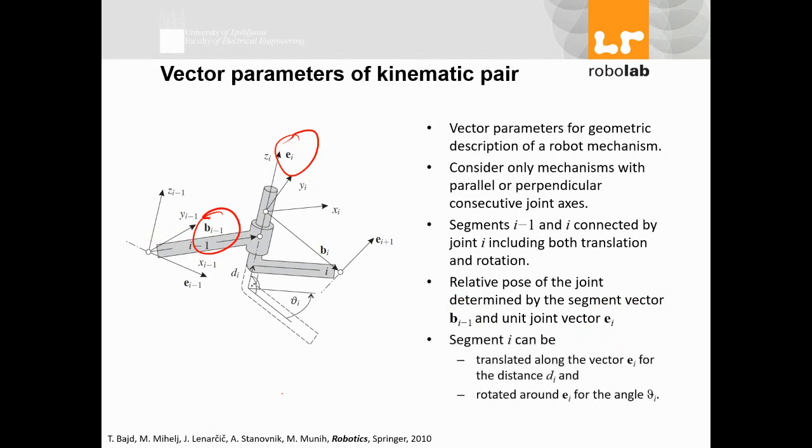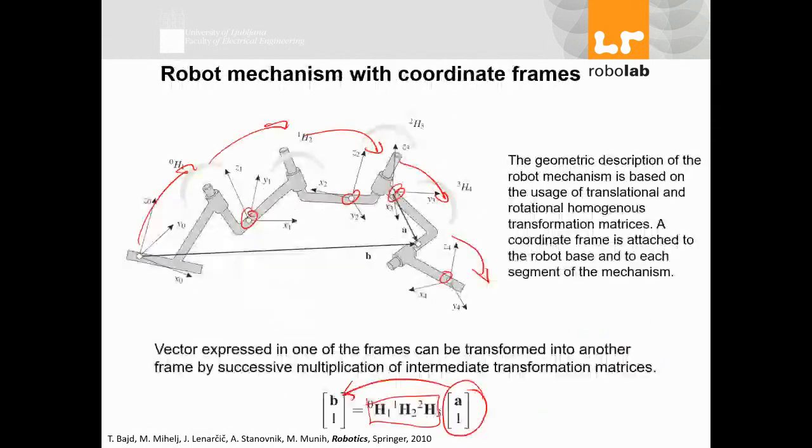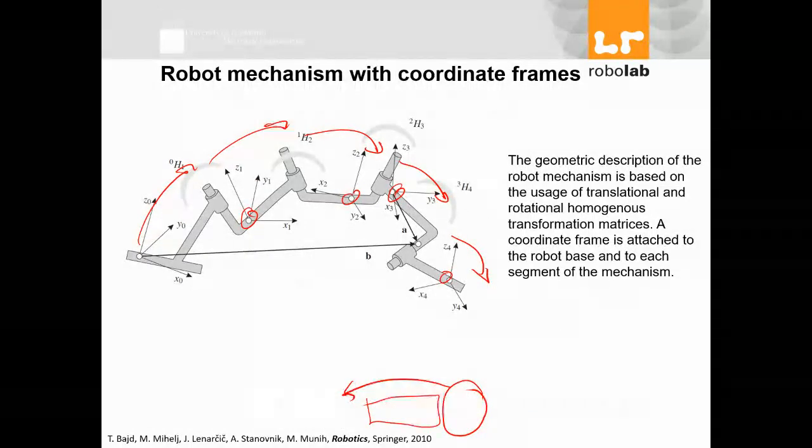Segment I can be translated along the vector E for the distance D, or rotate around E for the angle theta I. Okay, so you try to classify. I want to get rid of these random shape things.